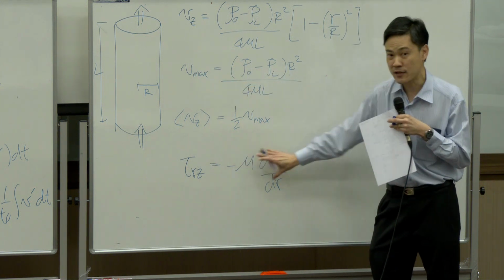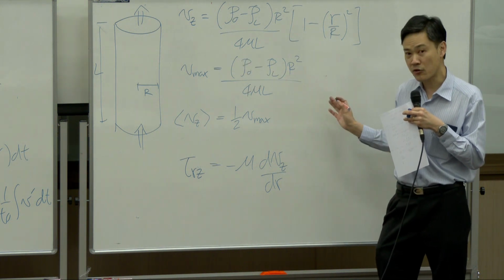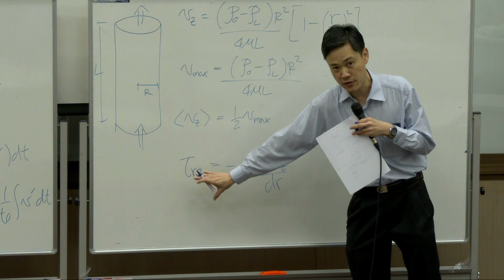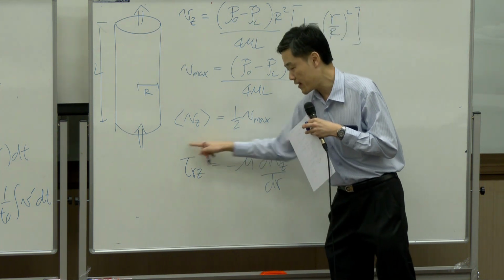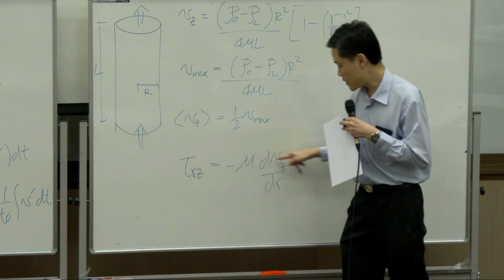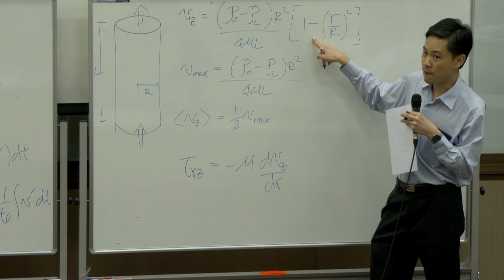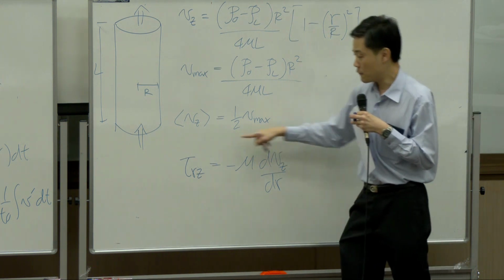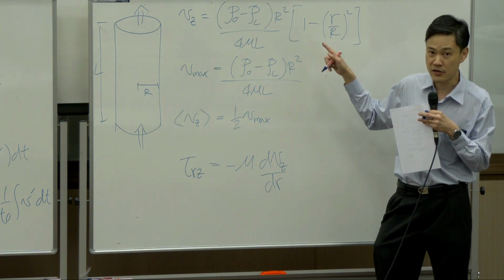Of course, Newton's law is longer than this. But under this circumstance, you eliminate all terms that are 0, you end up with this equation. Right? You can see that it is linking what is transferring with what can be measured. So if the velocity profile is given, in order to find tau, basically you just differentiate it, much easier than integration.